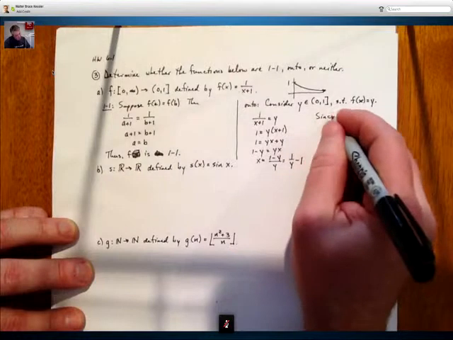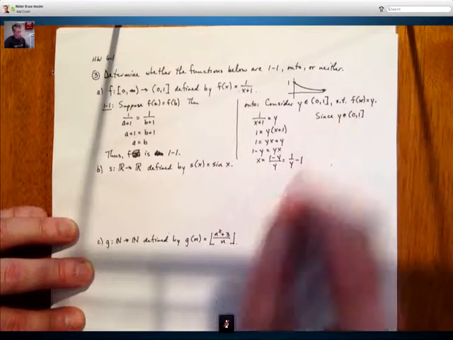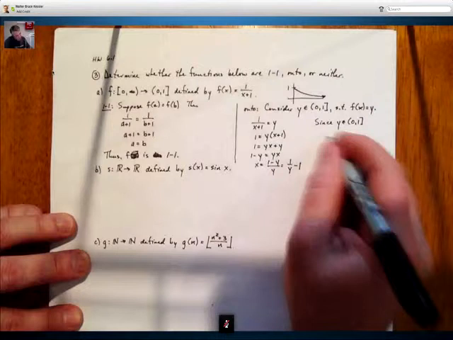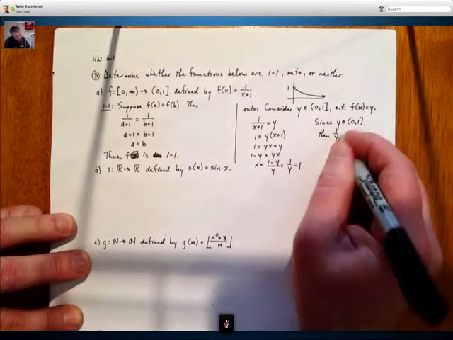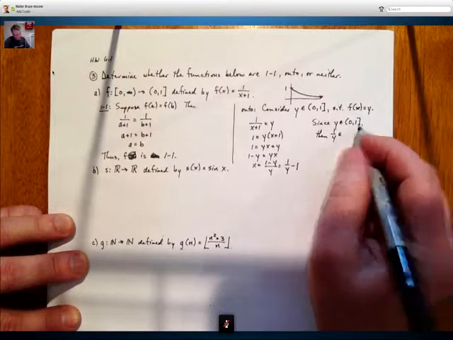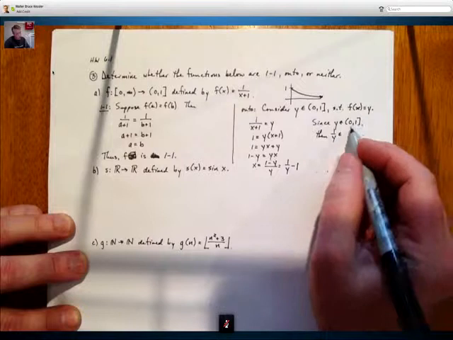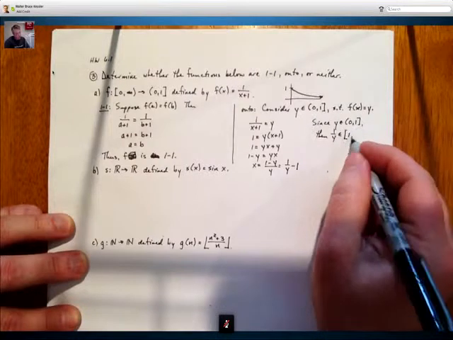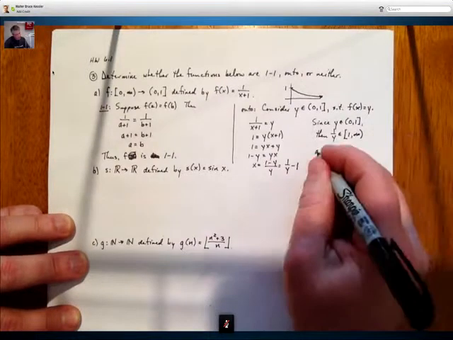Okay? Since y is in 0 to 1, inclusive of 1, when I divide by those numbers, the smallest it could be is 1, and as I get closer to dividing by 0, things shoot off to infinity.